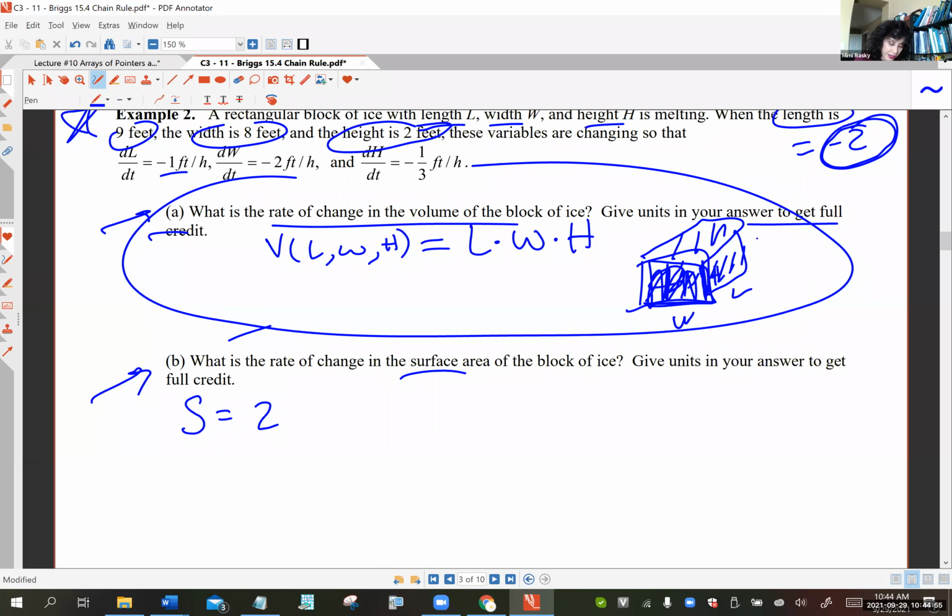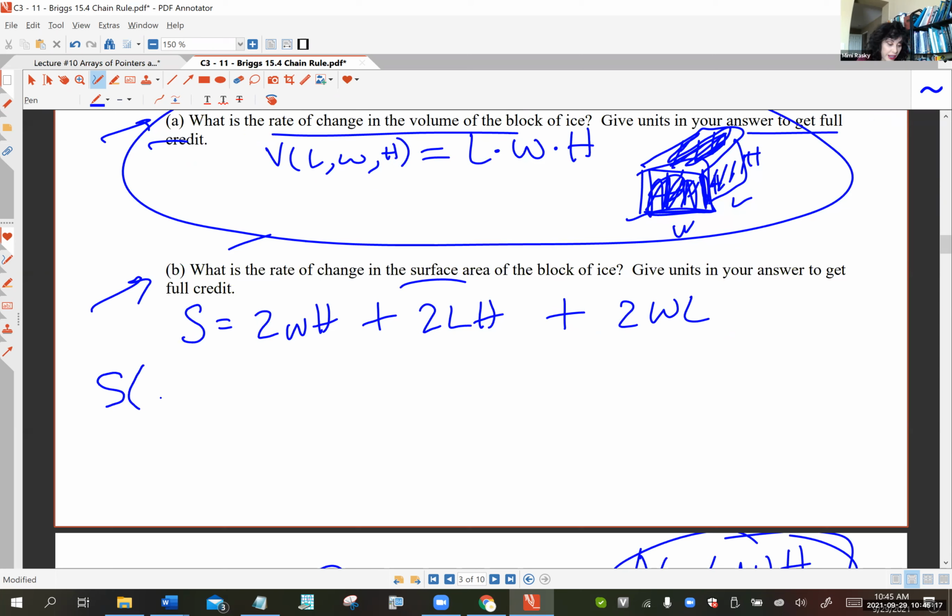And this will be the length here. And there's 2 of them, a front cap and a back cap, plus 2LH, so that'd be the top and the bottom, plus 2WL, well, I guess WL would be the top and the bottom, 2LH would be more sides. Okay, so there's your surface area function. And this is a function of length, width, and height.